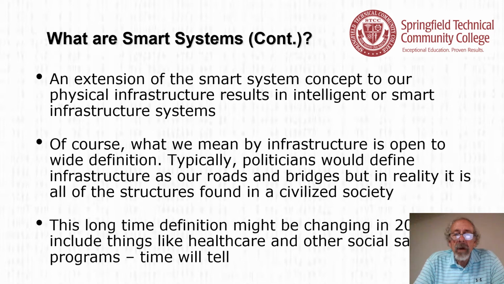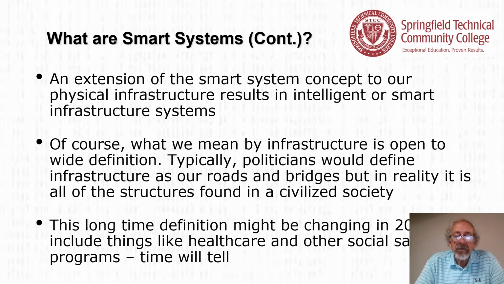An extension of the smart system concept to our physical infrastructure results in what we call intelligent or smart infrastructure systems. Of course, what we mean by infrastructure is an open and wide definition. Typically, politicians would define infrastructure as our roads and bridges, but in reality, it's all the structures found in a civilized society.